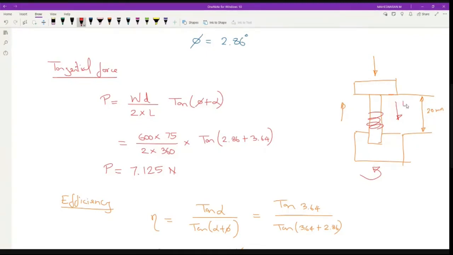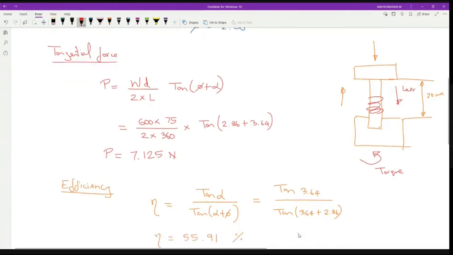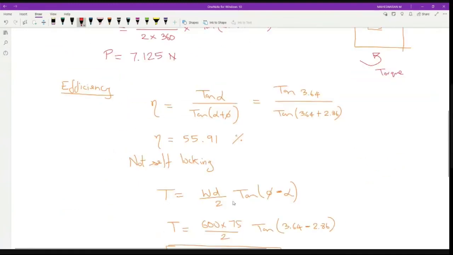This is the lowering load, and what is the torque required to resist that? This is what the question is. So to identify that, we need the resisting torque, which is lowering. That's why we put minus here. So the resisting torque required to lower is phi minus alpha.